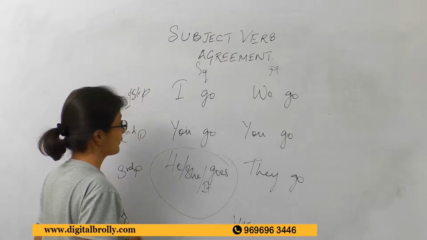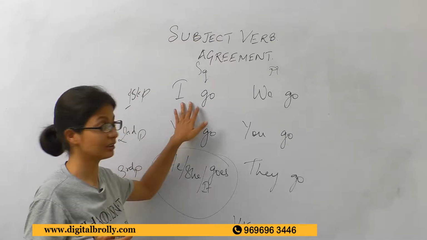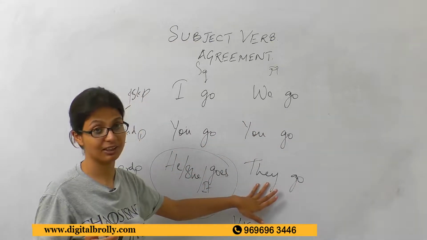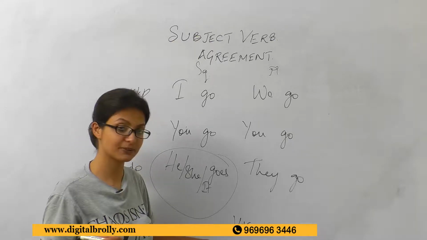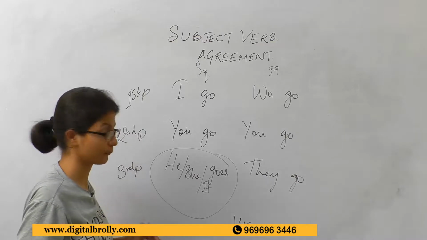For example, take the verb drink. I drink, we drink, you drink, they drink, but she drinks. So there is an S after the verb in case of every third person singular pronoun.